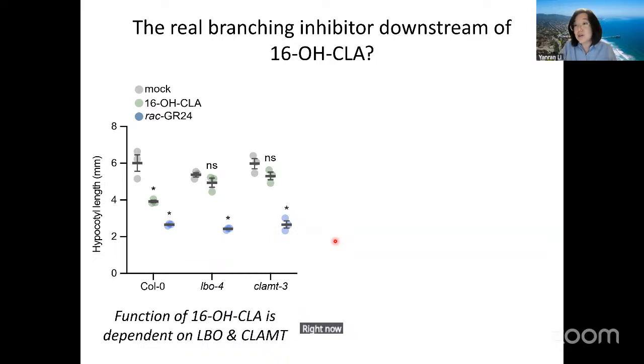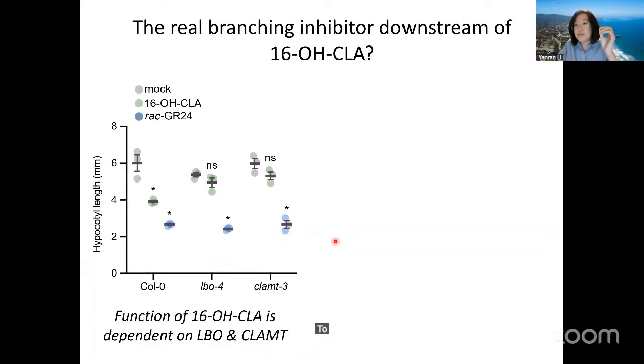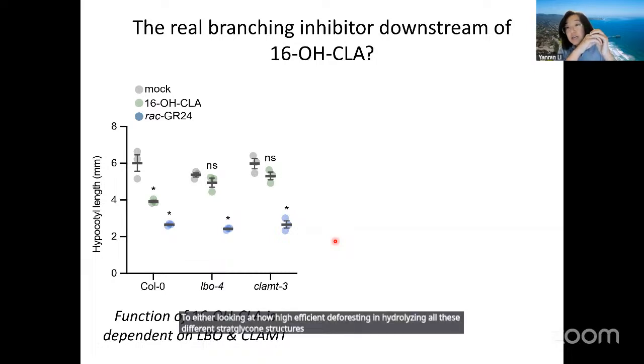Right now, what we are trying to do is purify D14, which is the receptor that senses strigolactone. Then we will conduct biochemical assays, looking at how efficiently D14 hydrolyzes all these different strigolactone structures, and at the same time the binding affinity between D14 and those different ligands, to be able to find a real bioactive strigolactone.